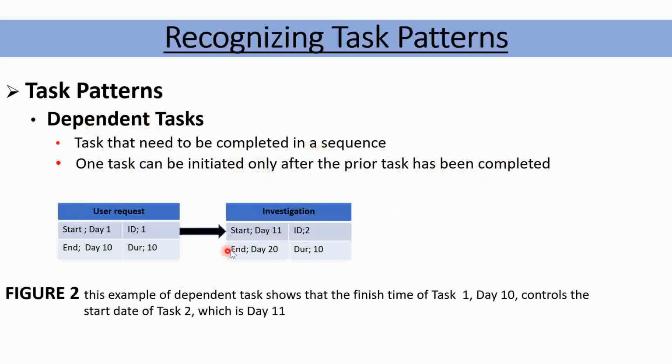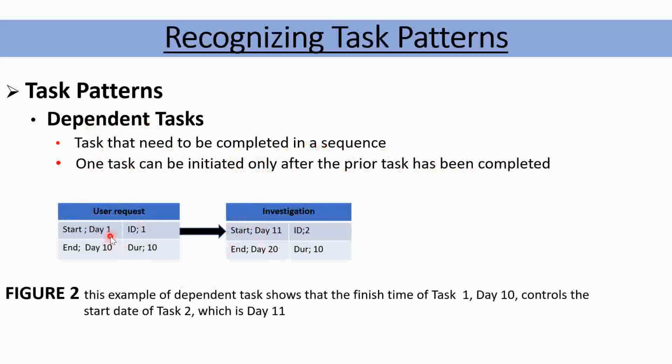What does this mean? This one, the investigation, is a priority task. Now, it can only be initiated once the user request task has been completed, right?